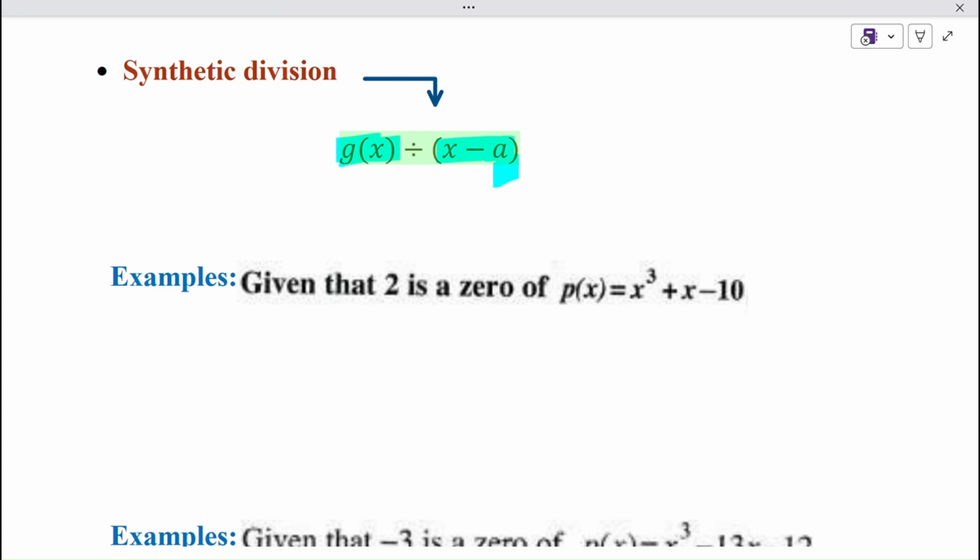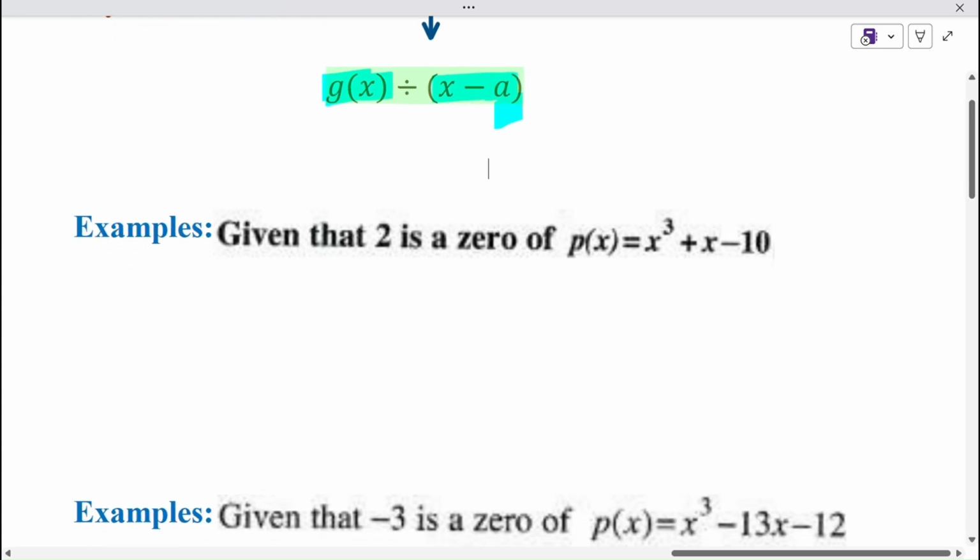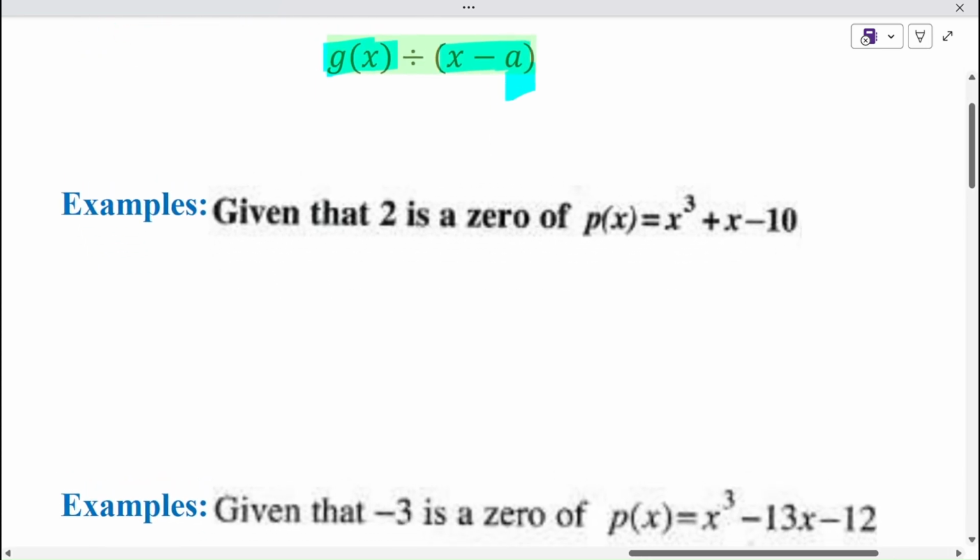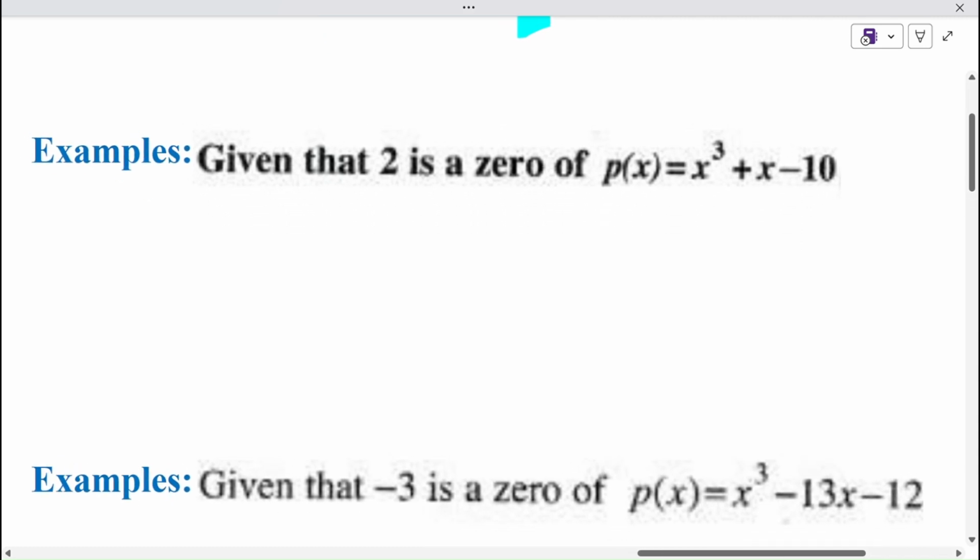So let's solve this type of question. Our question says, given that 2 is a 0 of p of x is equal to x to power 3 plus x minus 10. How can you solve this? At first, I'll tell you 2 is a 0.